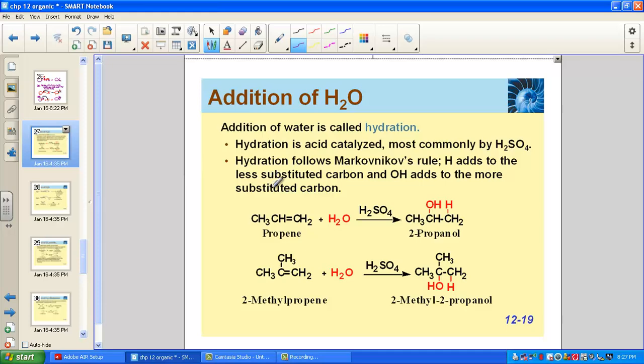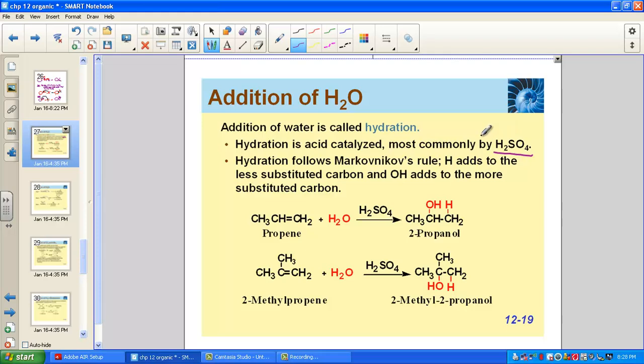Let's consider the addition of water, commonly called hydration. Hydration is catalyzed by an acid, and the most common acid is sulfuric acid. Sulfuric acid comes from the polyatomic ion called sulfate.